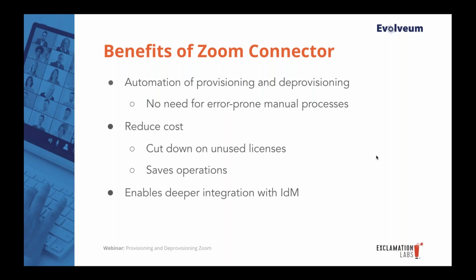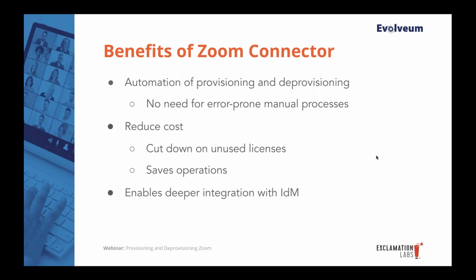And the main feature there is really being able to automate completely your provisioning and deprovisioning processes. So you can eliminate this error-prone manual process that I described before. So there is no longer need to have a person doing some manual steps. And of course, if you have such a process, there's always room for human errors.